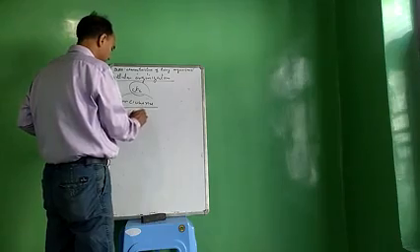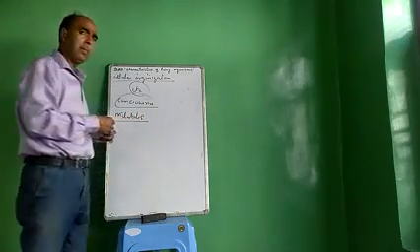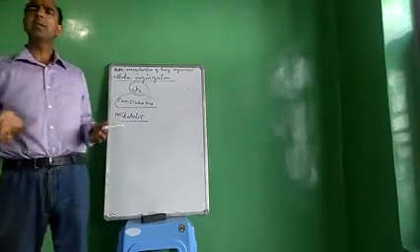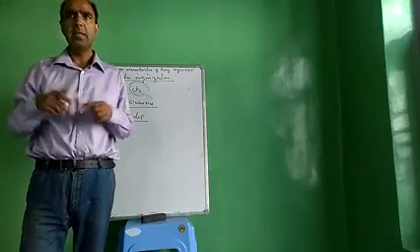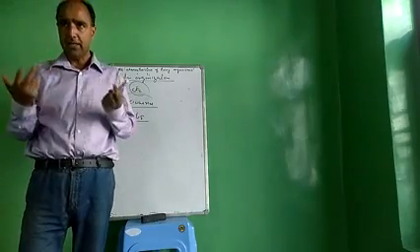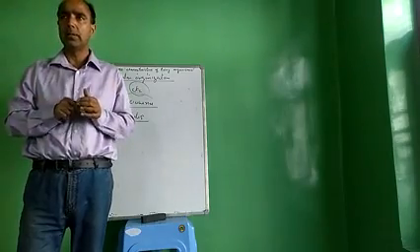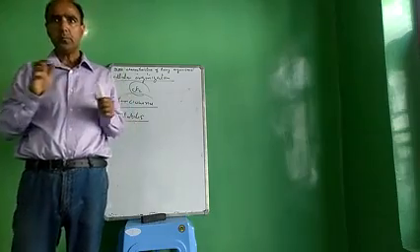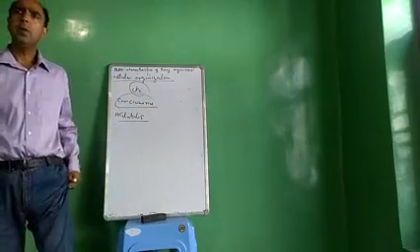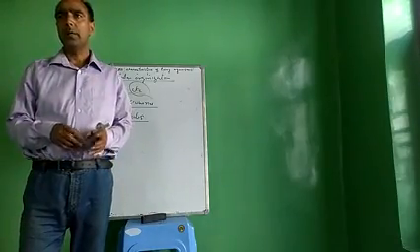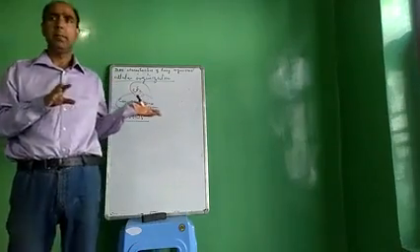Another point is the metabolism. You know that a variety of biochemical changes are constantly occurring in a living organism, leading to the formation and interconversion of chemicals. All the chemical reactions that take place in the living body come under metabolism.